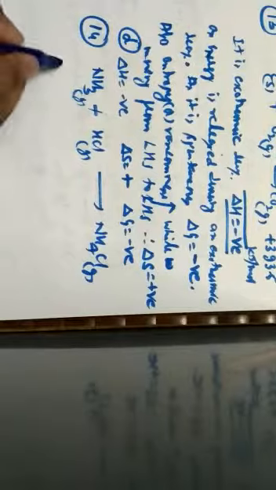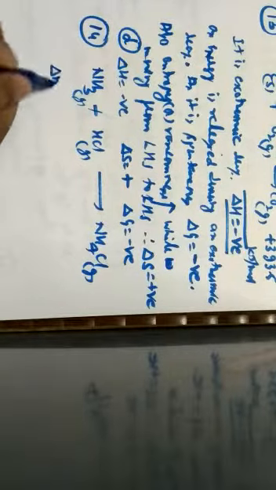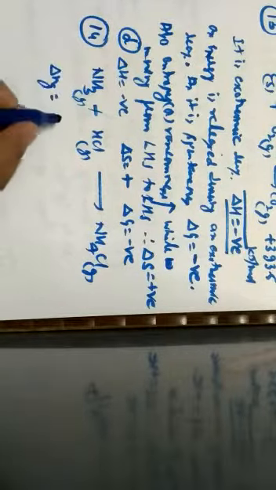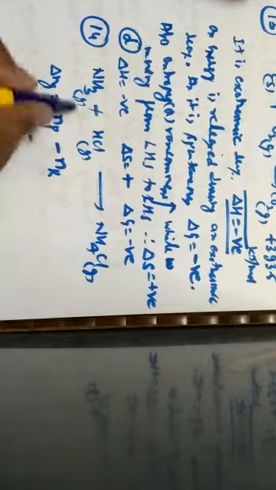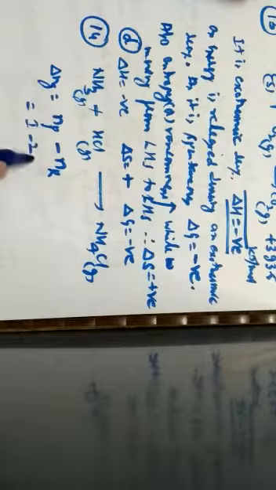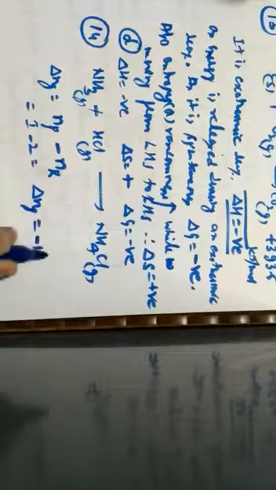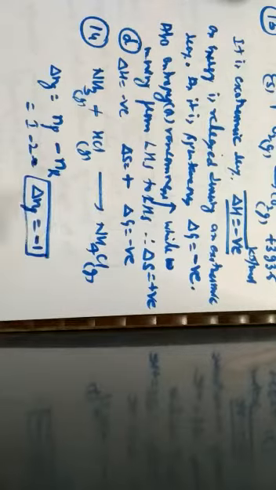For this, let us calculate the change in number of moles of gas, that is delta Ng. Delta Ng means number of moles of product minus number of moles of reactants. Number of moles of product is 1, since it is gaseous. Number of moles of reactant is 2. Therefore, delta Ng is minus 1.